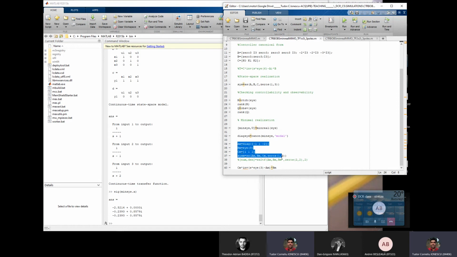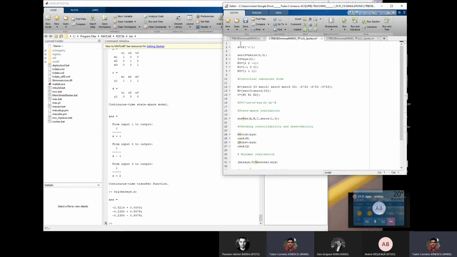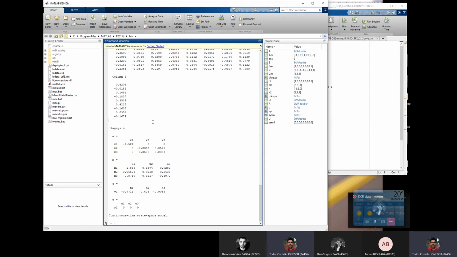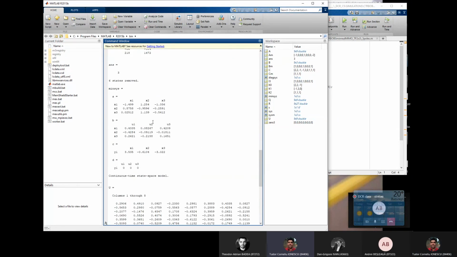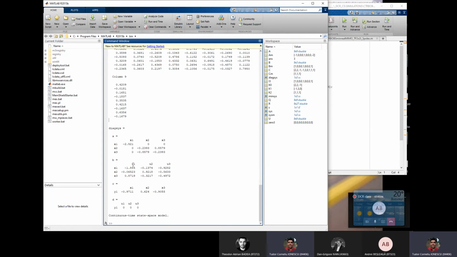Let's just comment on this, because we don't need this part. Let's make it here CLC. So we have the minimal system, which is this one. That's nice.